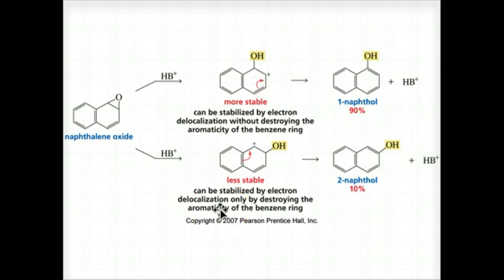Naphthalene oxide can rearrange to form 1-naphthol, up here, 90%, or 2-naphthol, 10%. The carbocation leading to 1-naphthol is more stable because its positive charge can be stabilized by electron delocalization without destroying the aromaticity of the benzene ring.